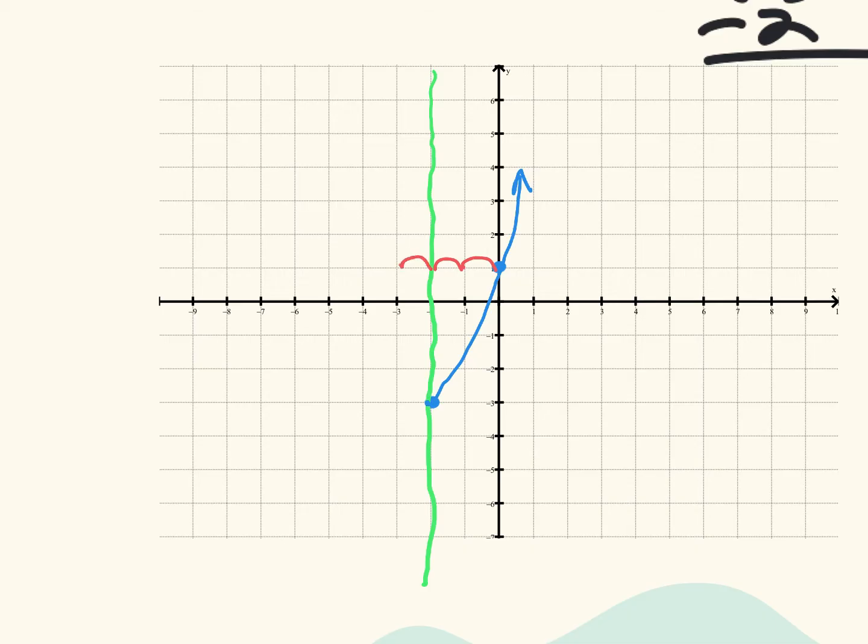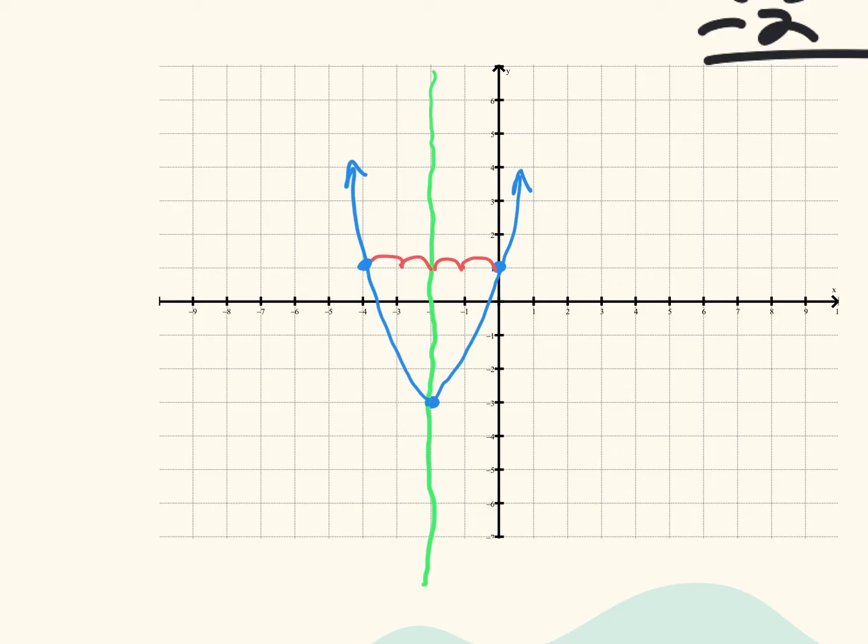I could come over here 2 spaces and put another dot, and then I can connect the side. And there's my parabola.